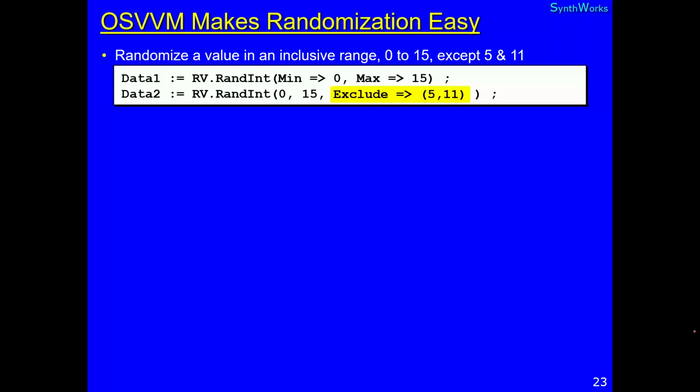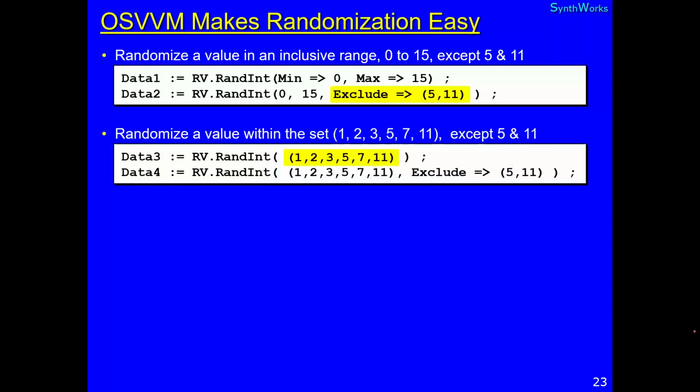So it says do everything except for 5 and 11. We can do sets. Again, we use integer vectors to represent sets, and we have a set of exclude things. In this case, the exclude things are typically not static like this, but instead dynamic. Exclude the last two values, or the last value and the fifth value from the last value for some reason.